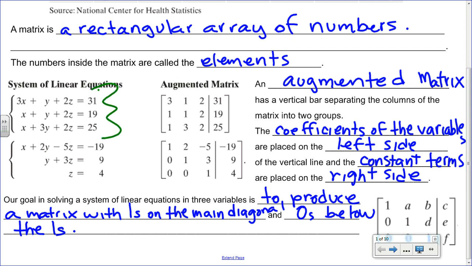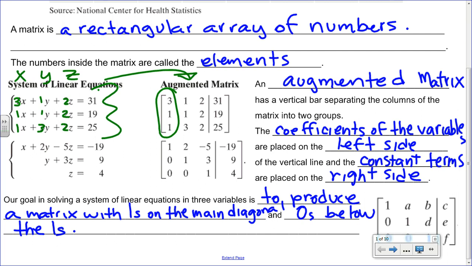And so you can see the coefficients of the x's. We have 3, 1, and 1. And so those are the numbers that you see here on the first column. So we will have the same for the coefficients of y and then the coefficients of z. And when you solve a system to construct an augmented matrix, you have to always make sure that they are in order so that you have all your x's, all your y's, and all your z's.